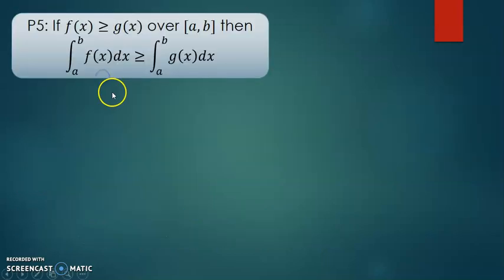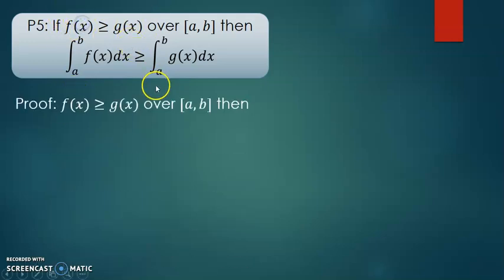The fifth property says that if f of x is greater than or equal to g of x over the interval ab, then the integral of f of x from a to b is greater than or equal to the integral of g of x from a to b. Let's do the proof. We start from the given f of x is greater than or equal to g of x. Then take g of x to this side.